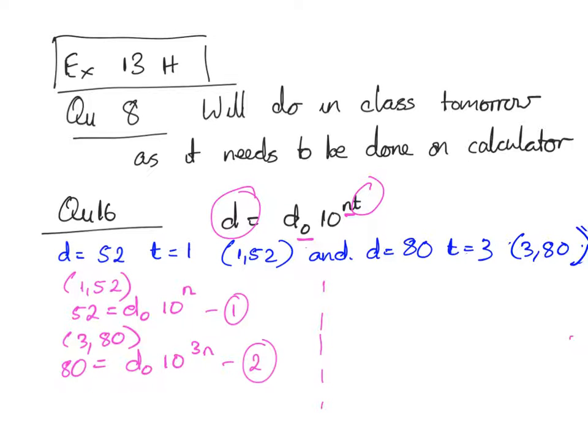Now, as per usual, my aim is to get rid of one of those constants, and I think the easiest one to get rid of there would be the D0, and we're going to divide. So I'm going to say equation 2 divided by equation 1.